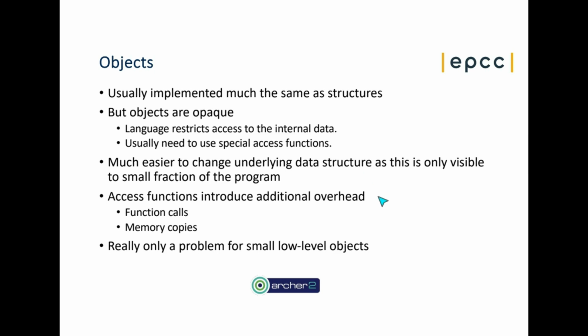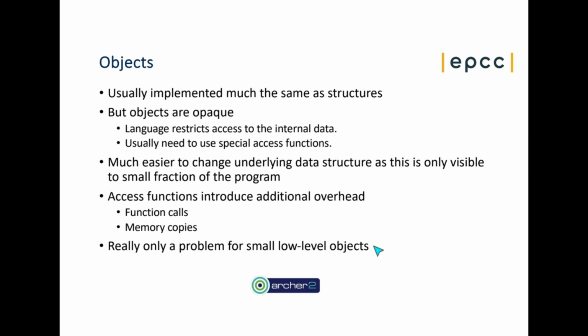However, the access functions do introduce additional overhead, both in terms of function calls and potentially also in terms of memory copies as well. Okay, because you're often returning the value of the thing, so you're getting a copy of the value rather than the thing itself.